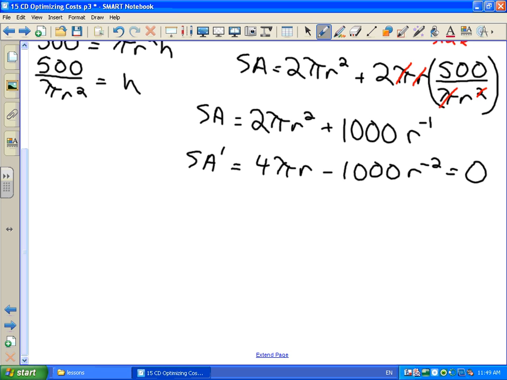So let's keep 4 pi r on this side. Bring the negative 1,000 over to the other side, and change it back to 1,000 over r squared. Then we can cross multiply by the r. So r squared times r gives us r cubed. And divide through by the 4 pi.